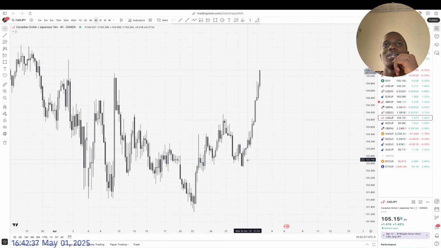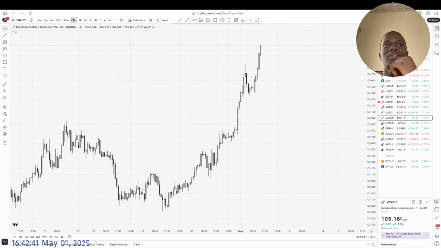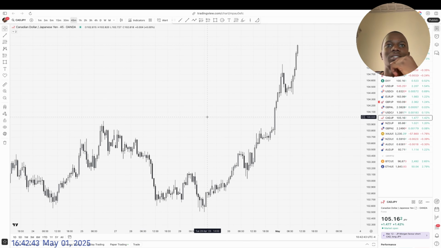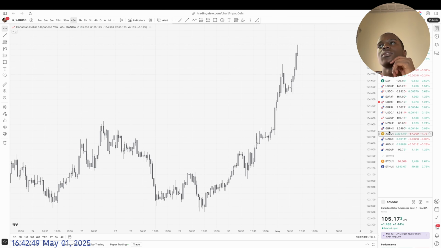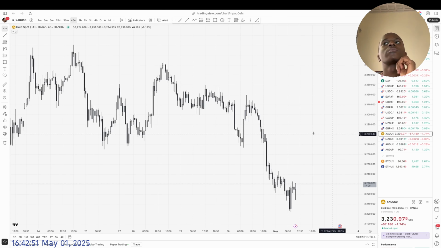CAD is flying to the moon, and I don't think we did any analysis on it today, but yeah, it looks clean. It looks clean. We have our gold. Gold is dropping. It's dropping for today.